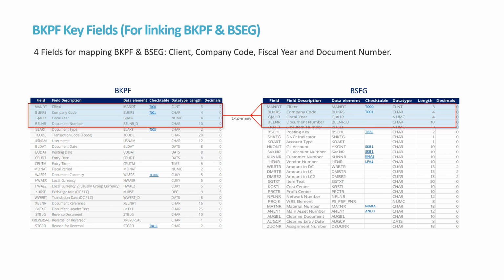There are 4 key fields to do so: client, company code, fiscal year, and document number. Usually we use these fields for mapping these 2 tables. We will have a chance to learn more about this and other fields in examples.